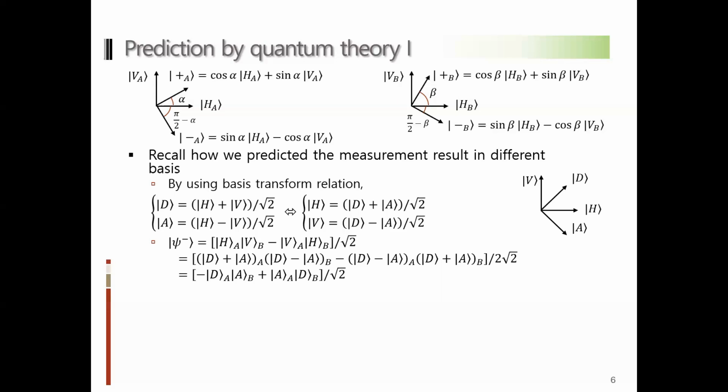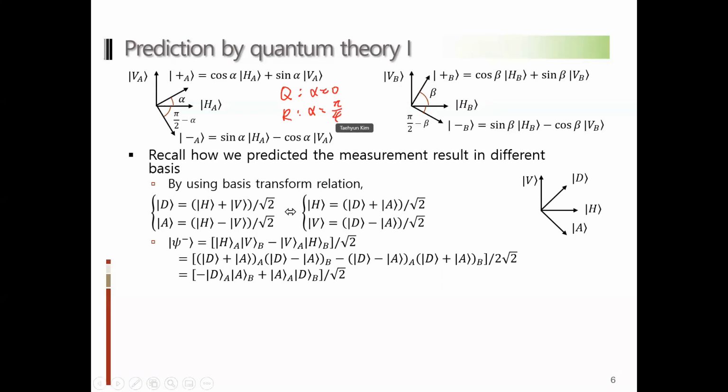So the challenge is that we should expand any given quantum state in terms of the eigenbasis for the measurement. Now we have to consider what we mean by measurement in this scenario. Alice can choose either the Q basis, corresponding to alpha equals 0, or the R basis, corresponding to alpha equals pi over 4.